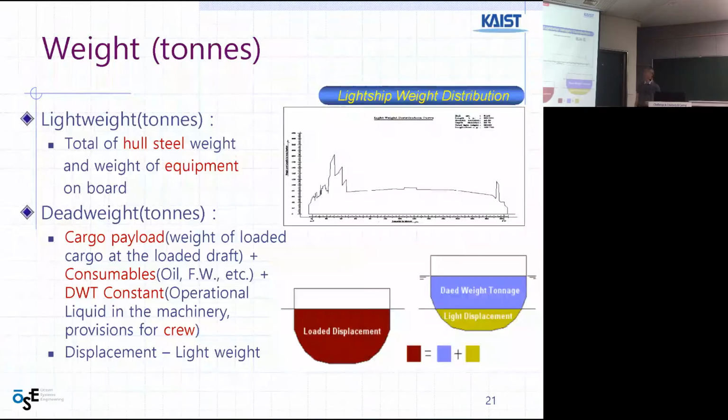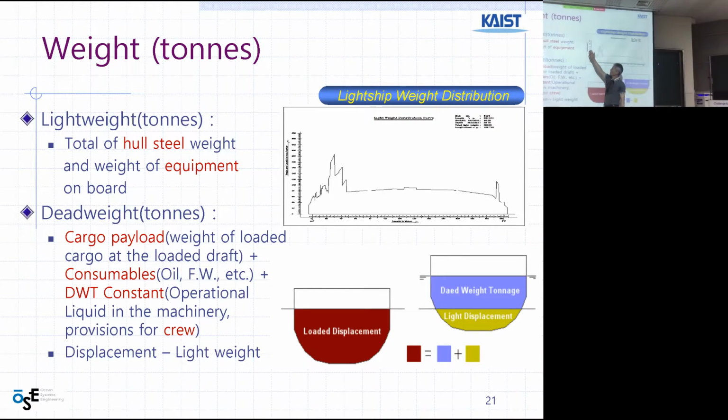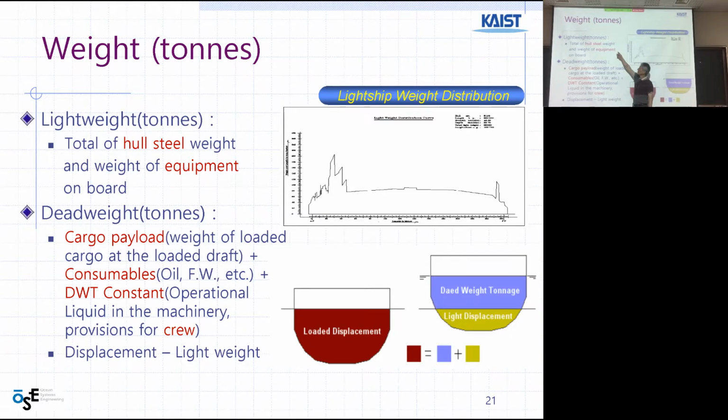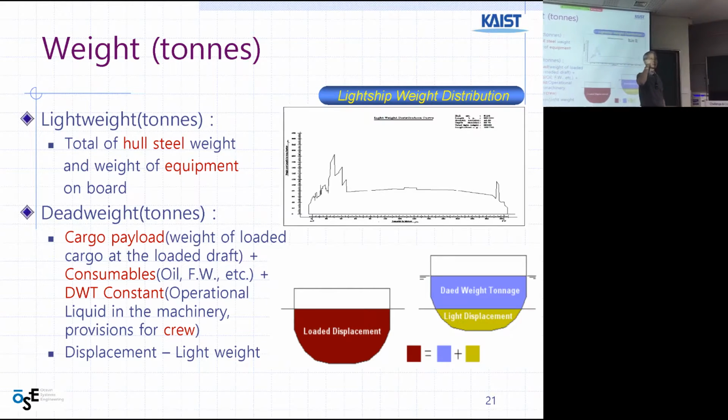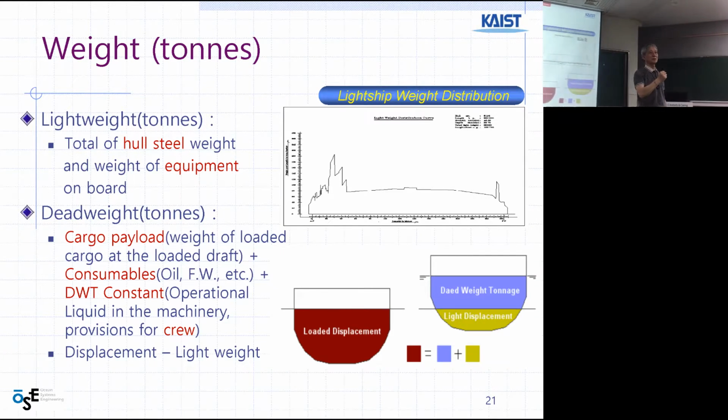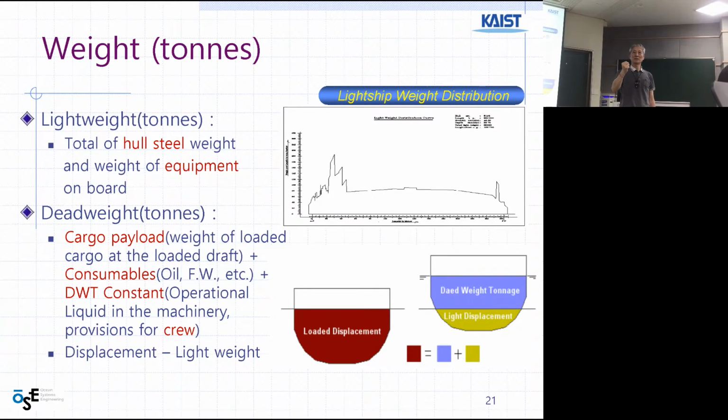Weight, you already know this, right? Lightweight. Total hull steel weight, and equipment also. Right? So it's the weight when the shipyard finishes the ship construction. Right? Lightweight. Right? No cargo, no passengers. Right? Only bare. So say when you have your new car just delivered to you, right?